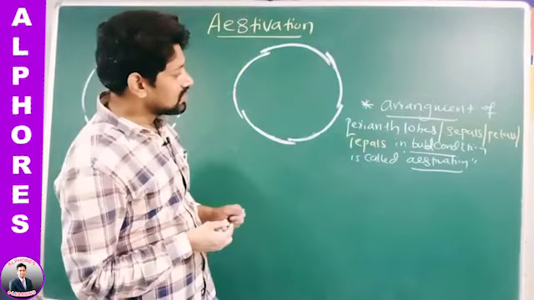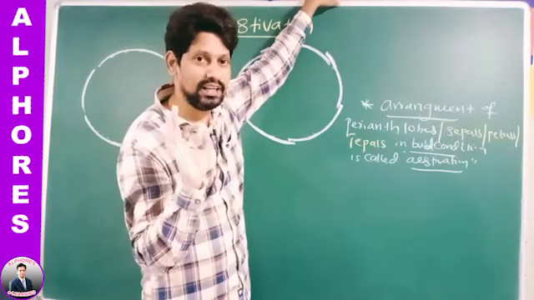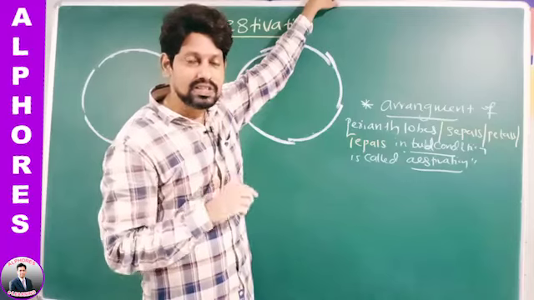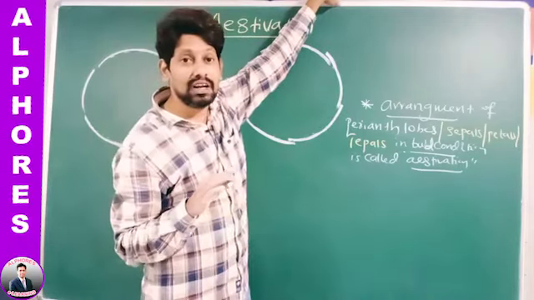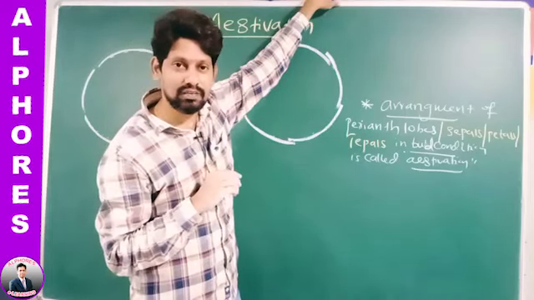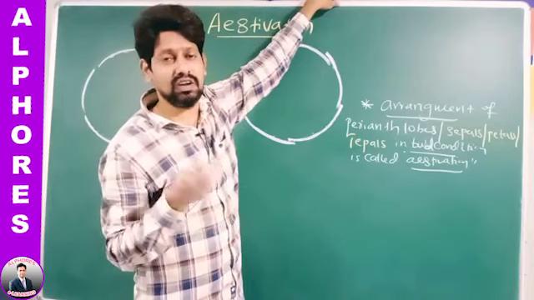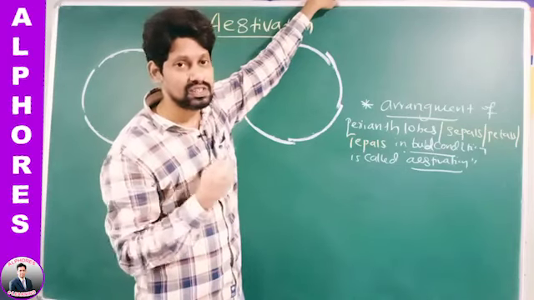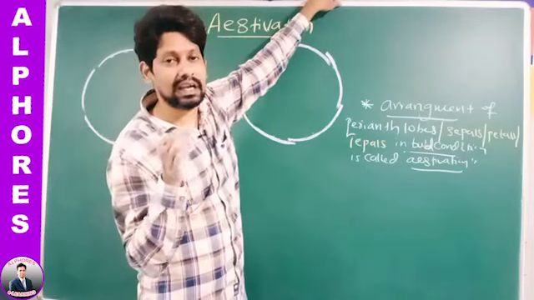Now see here, estivation means arrangement, not number. Arrangement of what? Perianth lobes. A flower without perianth lobes, can you see estivation in that flower? No, because estivation means arrangement of perianth lobes, and the flower is not having perianth lobes. Then how can you see estivation there? Therefore, estivation is absent in achlamydeous flowers.